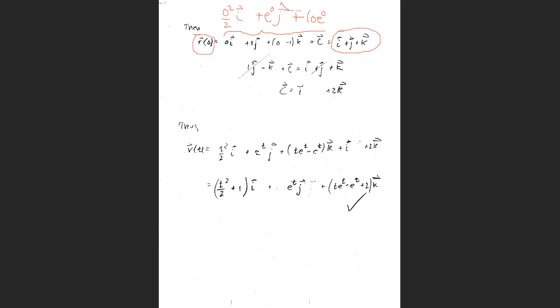I'm substituting t equals 0 in the r of t position vector from the previous page, plus the c vector.